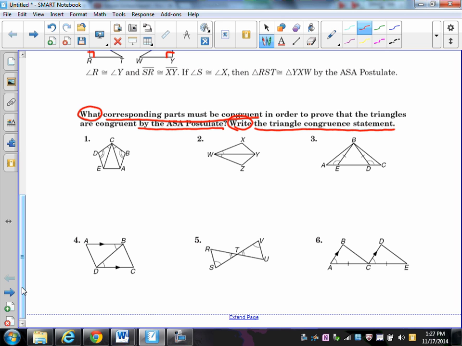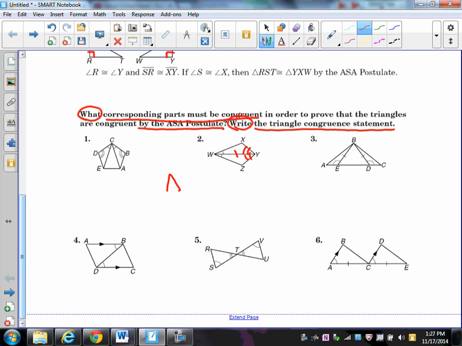So for number 2, we know that by the reflexive property, WY has to be congruent with WY. We're told by ASA, so we need to make that the included side, so we need to put the angle that touches it that's missing. So we already have angle XWY and ZWY. We need the other side.